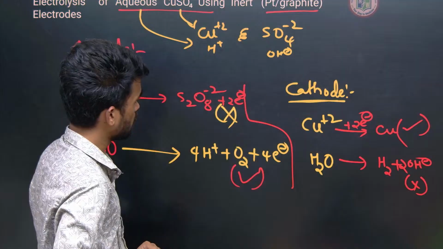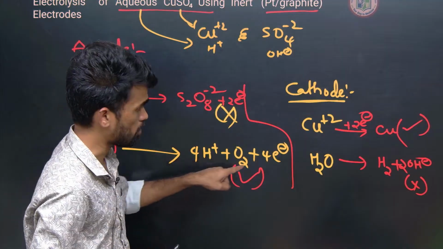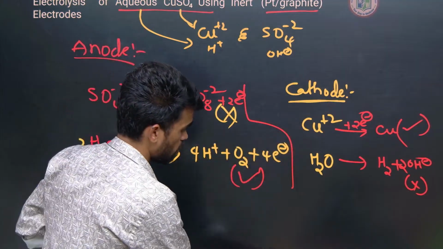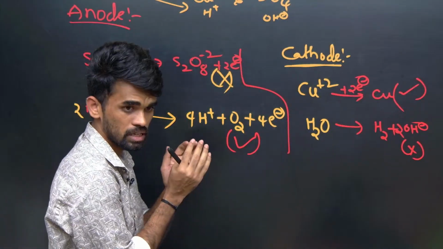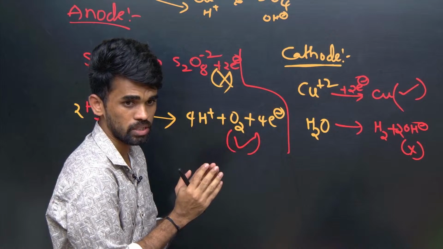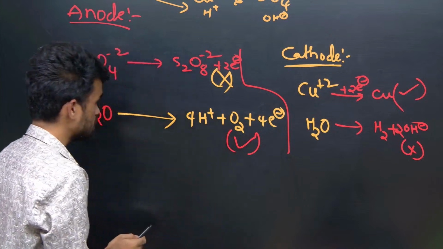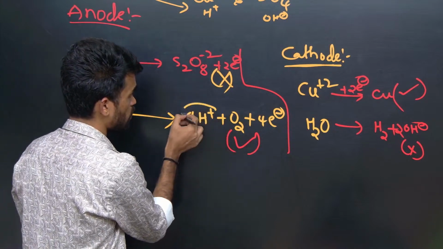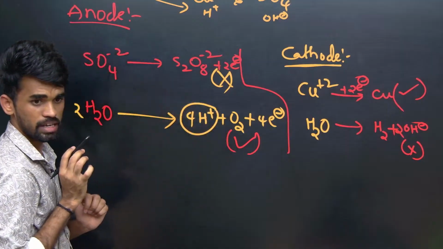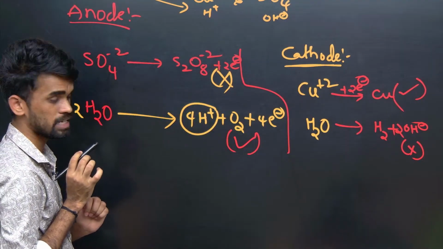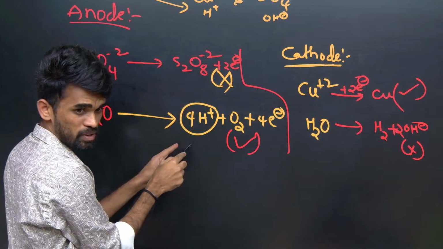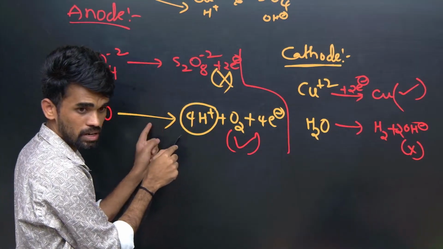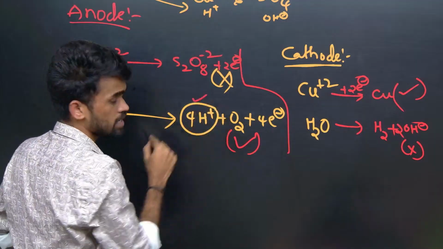Now see, at the anode this is what is happening, and at the cathode this is what is happening. If you combine these two reactions, what is the resultant condition of the solution? It is acidic, because it is forming H plus ions. The other is not undergoing any process because this will be preferred first, preferentially this will undergo oxidation, so it is releasing H plus.